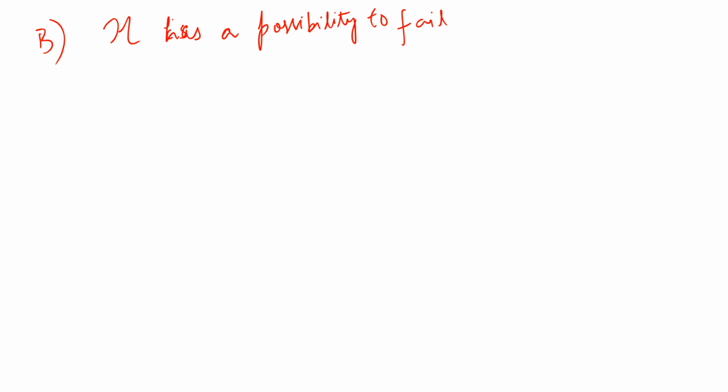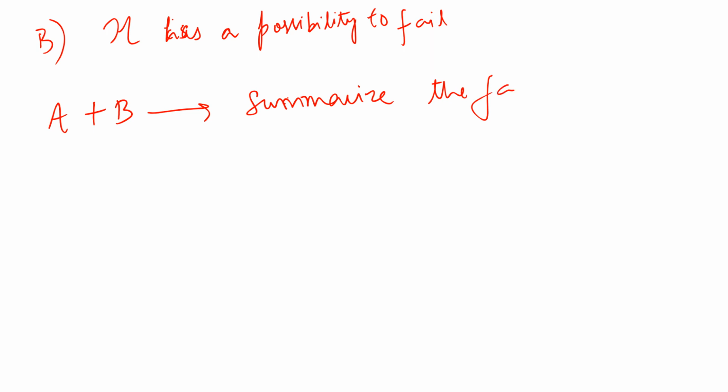There could be multiple reasons, but the important point is that we need to accept and incorporate in our model that this failure is absolutely possible. So A plus B summarizes the fact that learning is feasible.